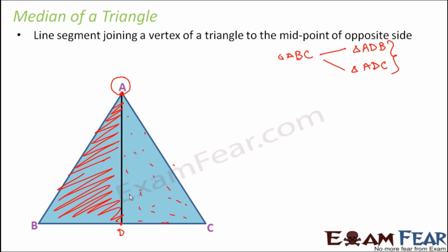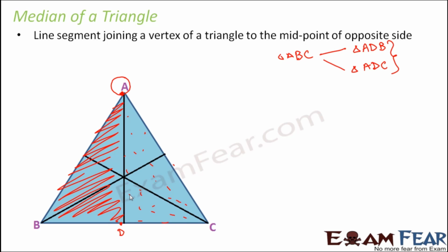So for example, one median can be drawn from point A. Similarly, one median can be drawn from the vertex B. Another median can be drawn from vertex C. Therefore, a total of 3 medians can be drawn in a triangle, as you can see here. So AD, let's call this E, let's call this F. Therefore, we can say that AD, BE and CF are the medians for this triangle. So these are different medians for the different vertices.